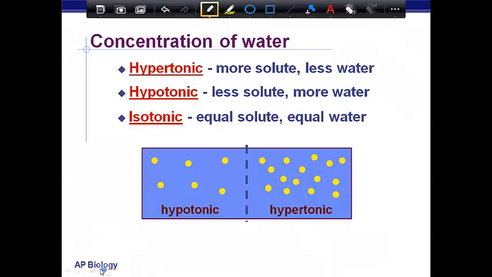For example, we could move water from the hypotonic area where there's lots of water to the hypertonic area where there's less water and dilute this area a little bit so it's not as concentrated. And then we would be in a situation that we'd call isotonic. So the concentrations are the same on both sides. Not necessarily the number of molecules, but the concentration of the molecules are the same on both sides.